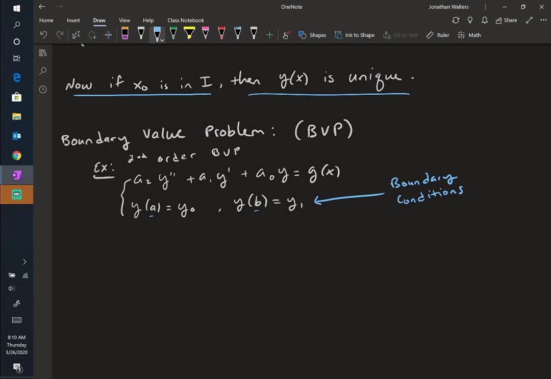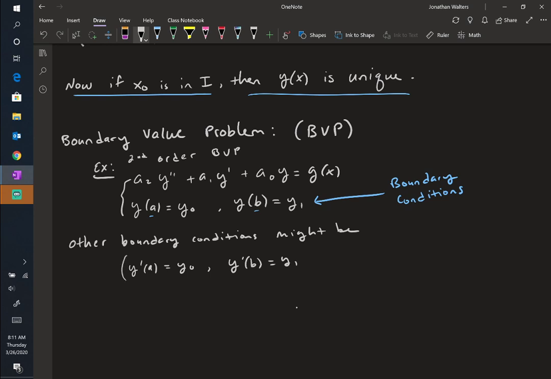Other boundary conditions might be something like y prime of a equals y0 and y prime of b equals y1. So maybe that would be our boundary condition.